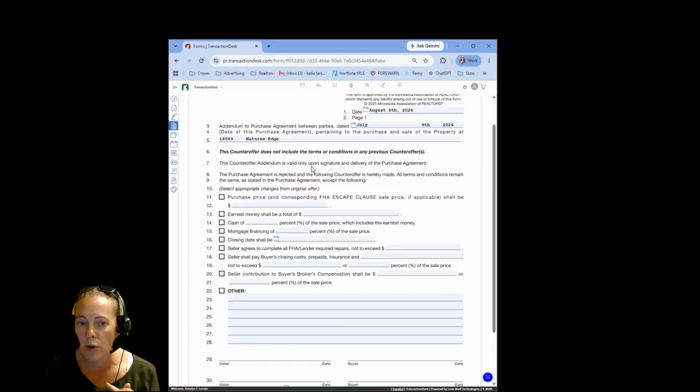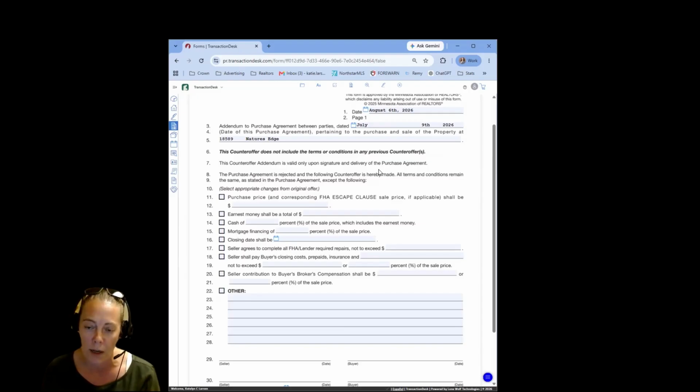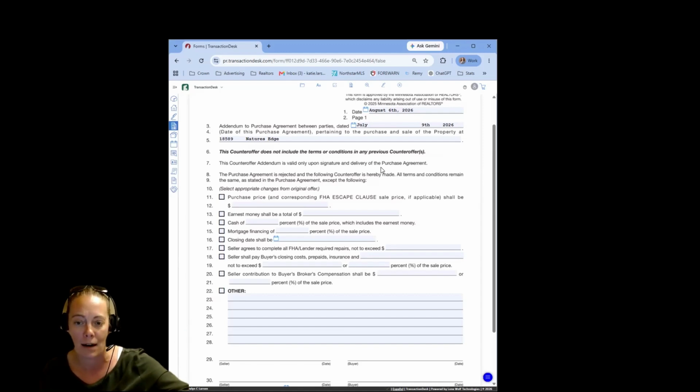So if you have sellers that push back against you, please push them to not only the checkbox on the signature page on the purchase agreement that says this is not valid unless the counter is signed, but also to line 7. This counter offer is valid only upon signature and delivery of the purchase agreement. Okay, which means the seller needs to sign the purchase agreement and deliver it back to the buyer.